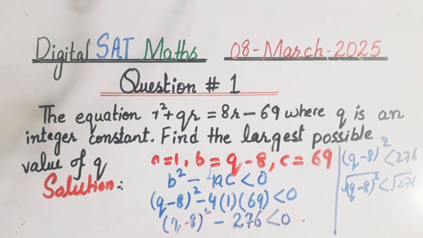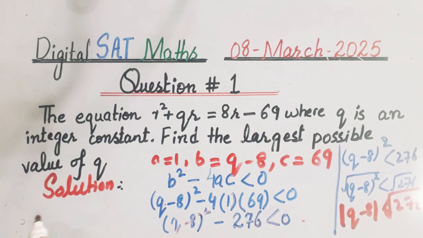This means that we will write the mod, with the square root value plus minus. For this purpose we will put the mod of q minus 8 is less than square root of 276. Now we will take the approximate value of square root 276 with the help of a calculator.